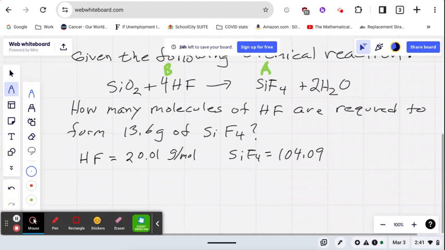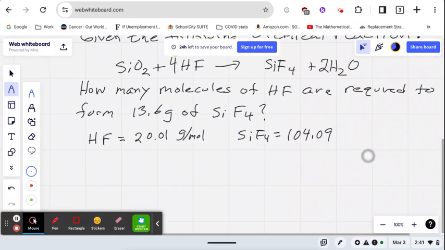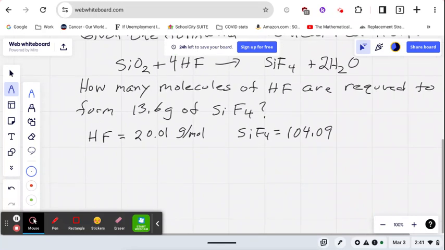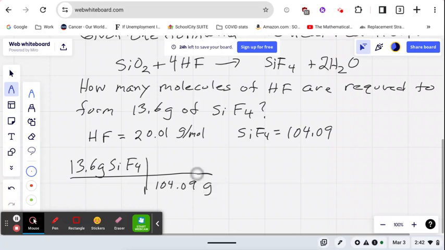All right, so let's go ahead and do this. I'll move it as I need it. All right, so write down my given. I was given one number, 13.6 grams of SiF4. Then I'm going to convert that into moles. SiF4's molar mass, I just calculated, is 104.09 grams per mole.